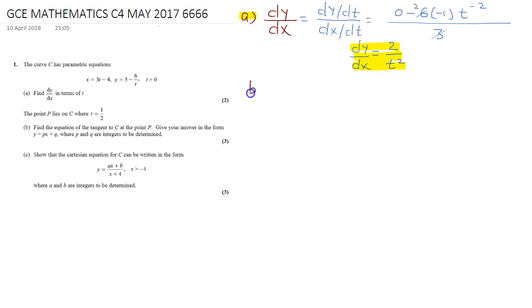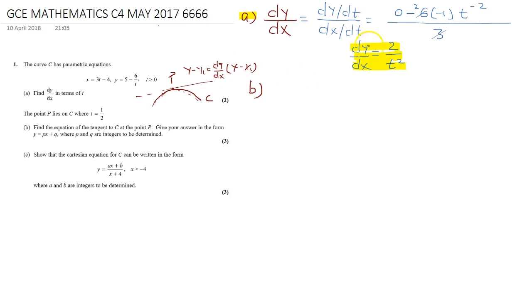Part B. The point P lies on the curve C. Let's say this is the curve and this is point P. Find the equation of the tangent at P for the curve C. The equation of a tangent is y minus y1 is equal to dy over dx at that point times x minus x1.